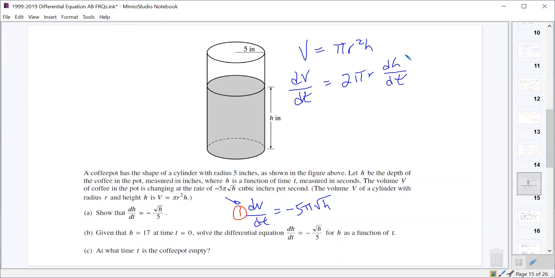And we're trying to find dH/dt, so we'll plug in our dV/dt. And that gives us 2 pi times our radius.